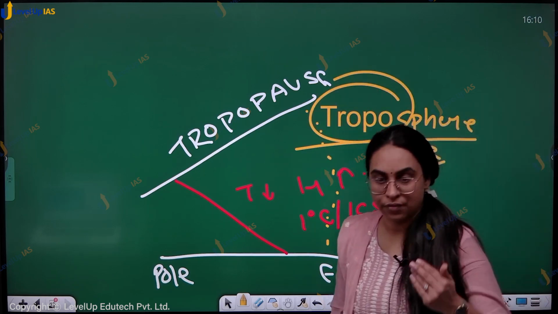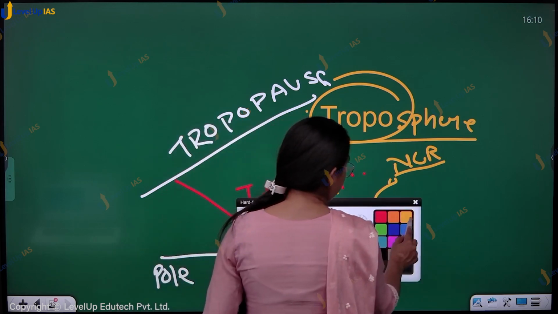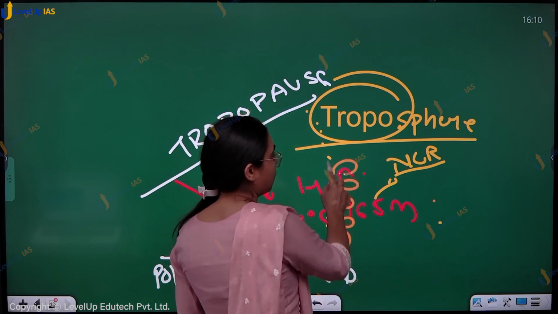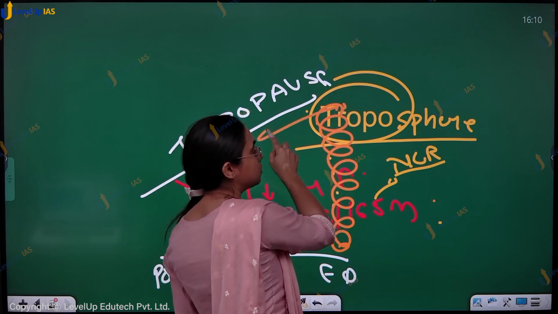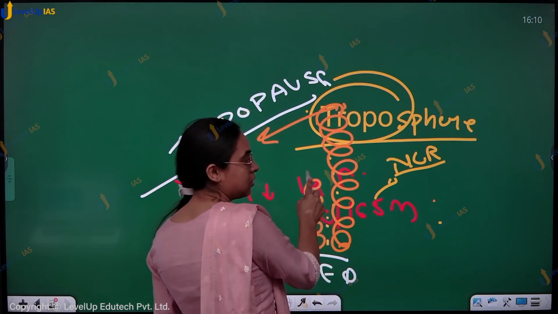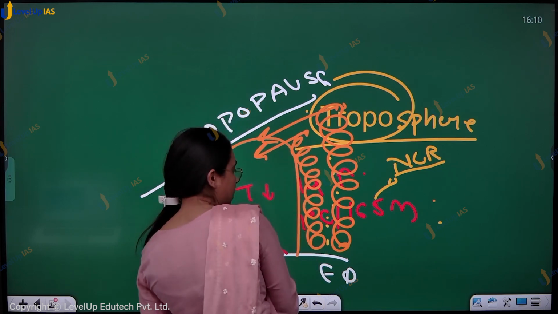It means turning away. What is happening in the troposphere? The air rises, and after a point it cannot rise, it starts turning away. The air rises and starts turning away.